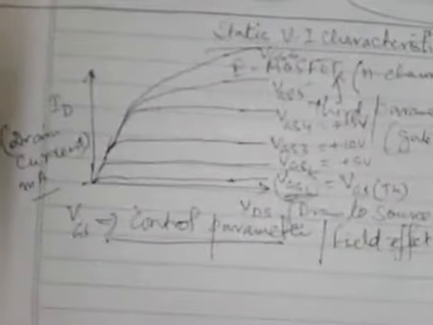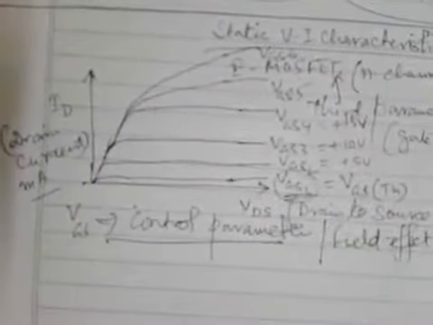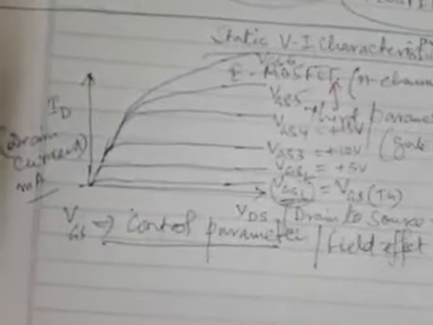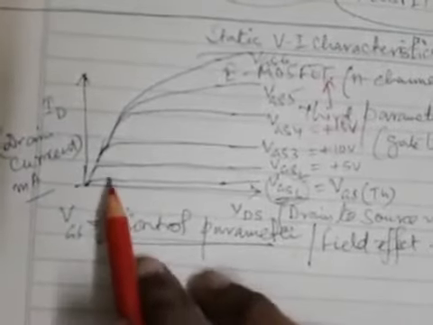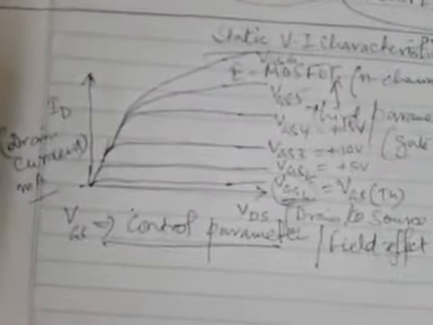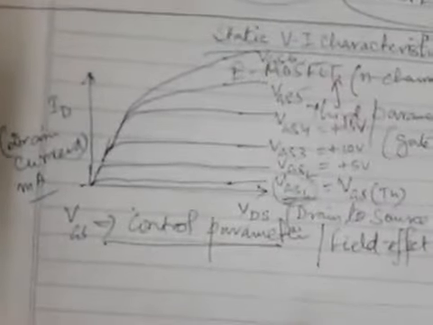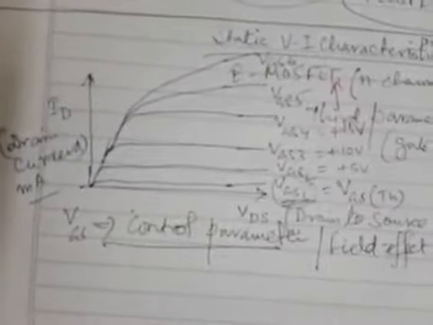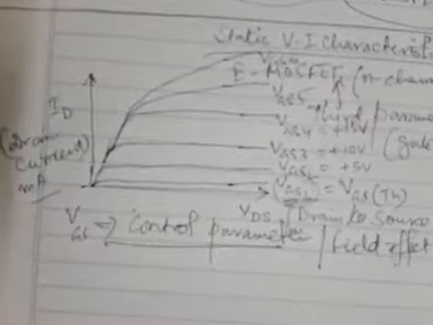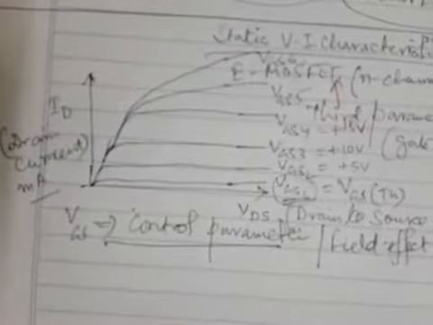So for an N-channel enhancement MOSFET, as we increase the gate to source voltage positively, we get more drain current, and the family of curves goes upward. This is the operation of the VI characteristics for the small signal E-MOSFET.